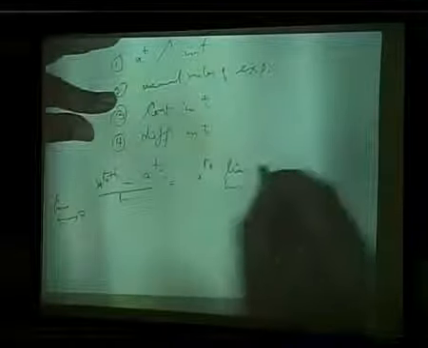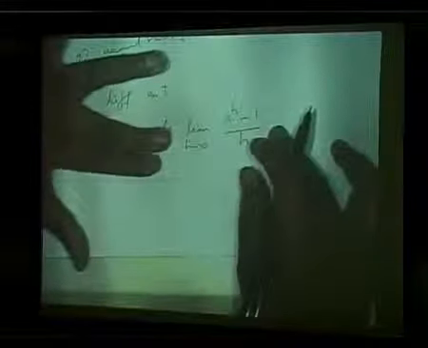This is just a power t naught into the limit as h goes to 0 of a power h minus 1 by h. So differentiability is really only equivalent to proving that this limit exists.